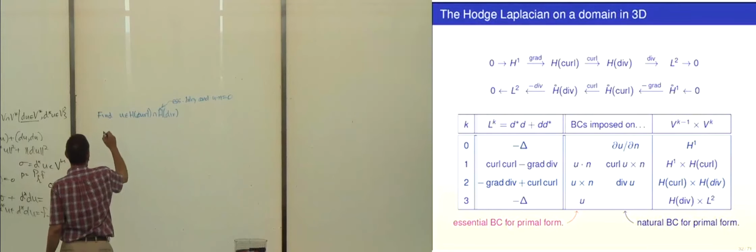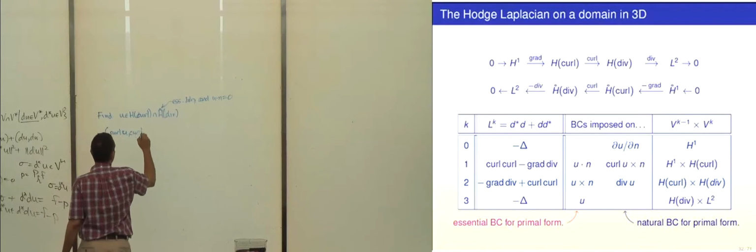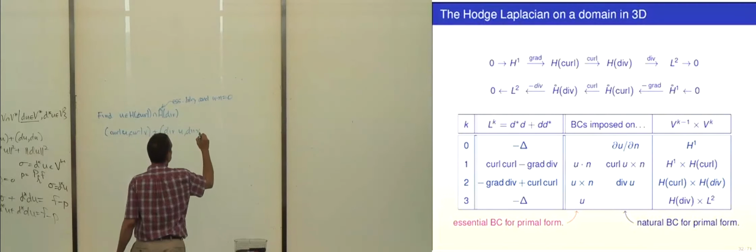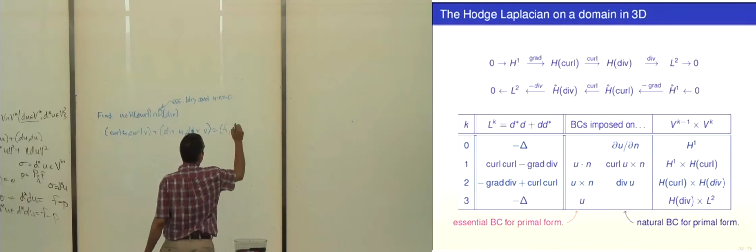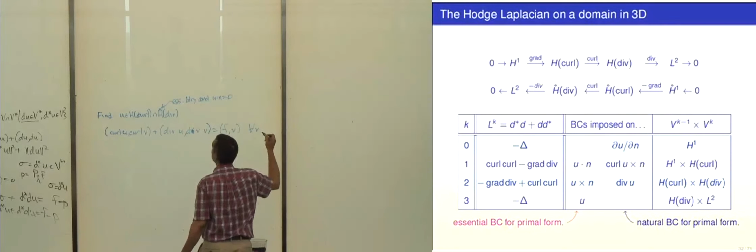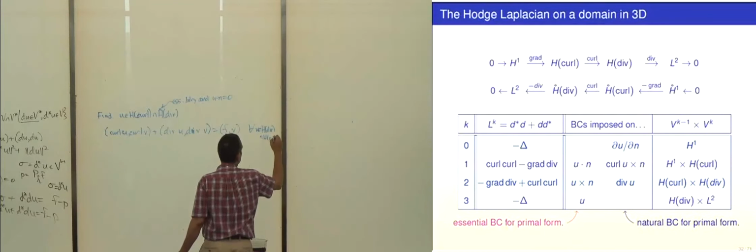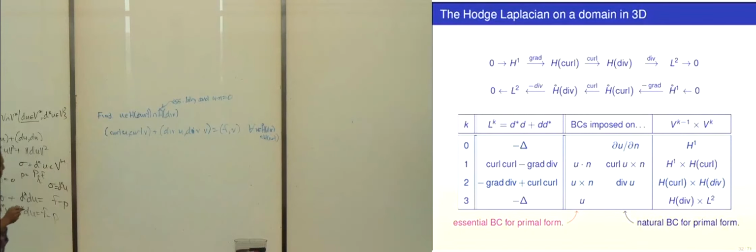And then such that the integral of curl u curl v plus div u div v equals the integral of fv. Let's not worry about harmonic forms, assume that we don't have any, for everything in H0 div intersect H curl, same spaces.